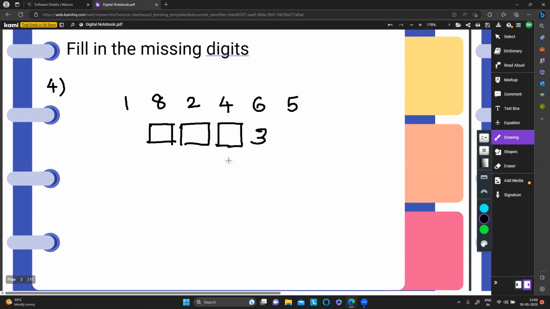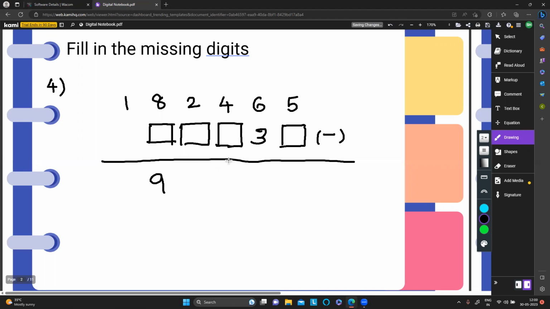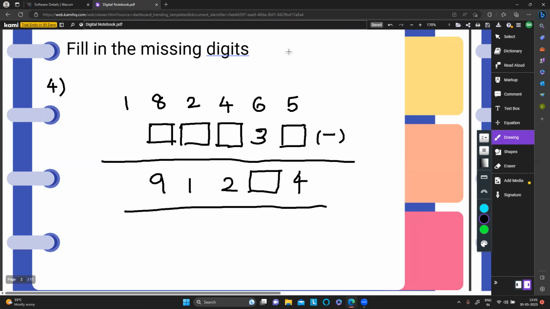Then you have 3 here and a block here. So this is a subtraction sum. So this is going to be your problem. So please give a pause right here and try to find out the answer.